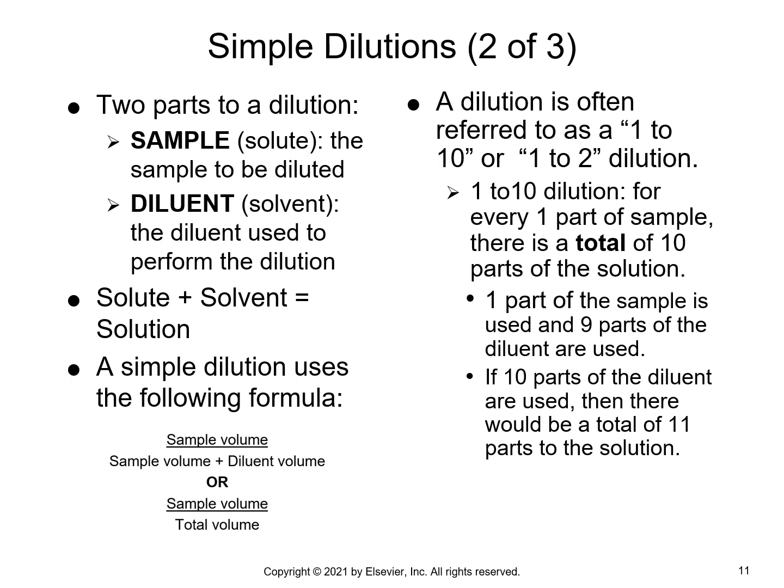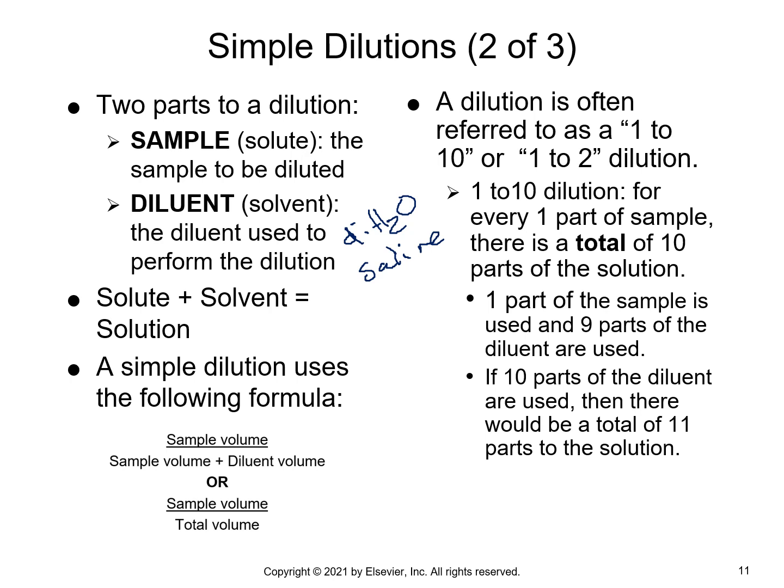Sometimes this could be something like deionized water, or saline, or it could be some kind of diluent that is provided by the manufacturer. When we do that dilution, it includes the solute, the sample, and the solvent, or the diluent, and that gives you your total solution that you actually test.